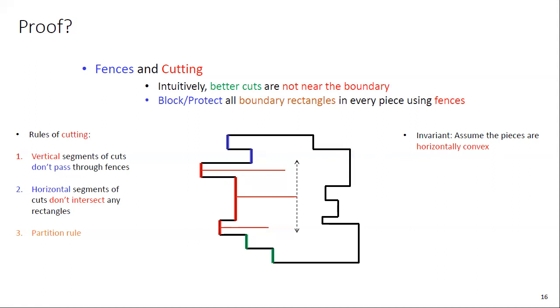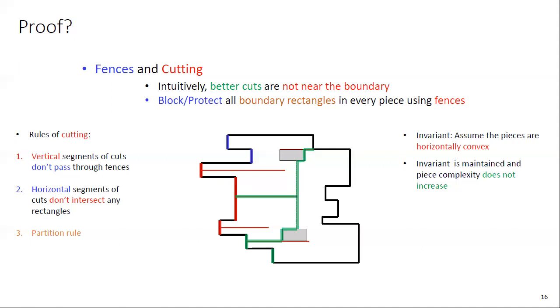Then we will take the longest fence from the middle, so maybe it's this one, and then we will cut along this fence, okay? And then we will cut on the top and on the bottom until we hit some rectangle that is protected by a fence. So if it's protected, for instance, by a fence on the right, we can do a small turn like this and then join the boundary.